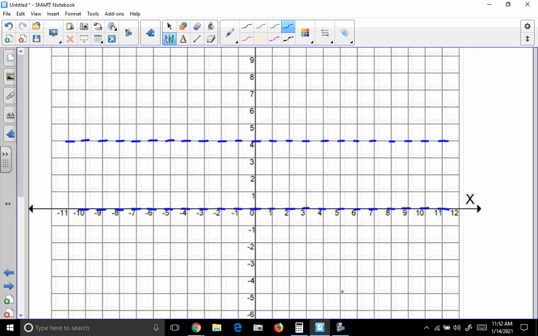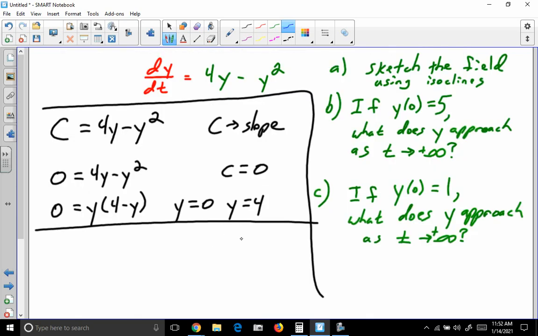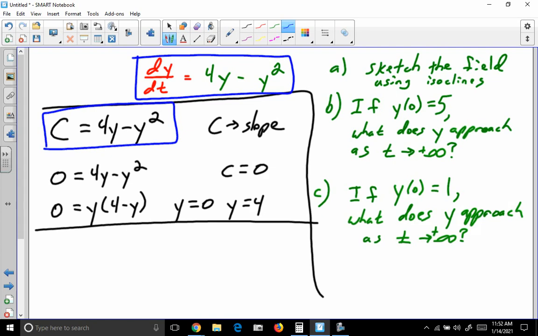Now, there are different ways to go about this. Generally, with isoclines, we're going to let C be a constant. We're going to put a constant value in for C, and we're going to find, okay, for those constant values, where do we have that particular slope? Since this only has one variable on the right, only y, then that means at particular y values, all of those slopes are going to match.